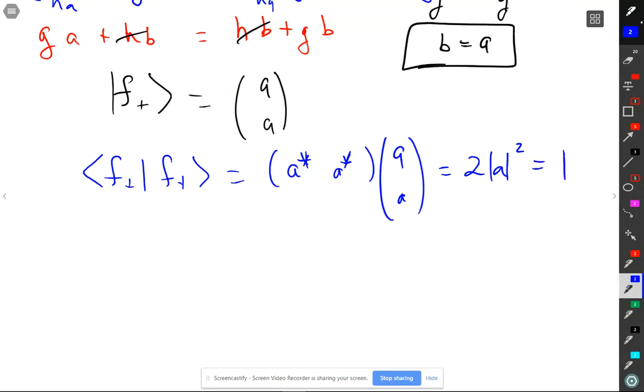And now we're down to stuff we've done many, many times. So I have A is equal to, and if you want to be technical, plus or minus the square root of 1/2.